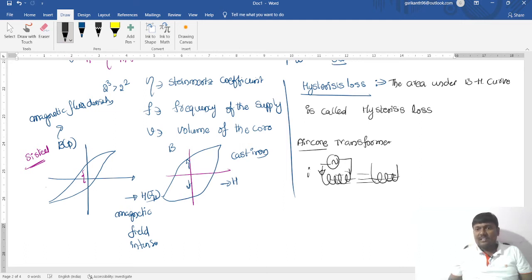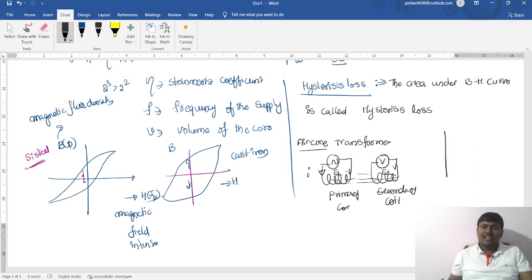This flux will link with the secondary coil, and this is the primary coil. If you connect a voltmeter here, definitely an EMF is induced. The EMF induced in this one is E1, and the EMF induced here is E2. In between these two, air acts as a core.